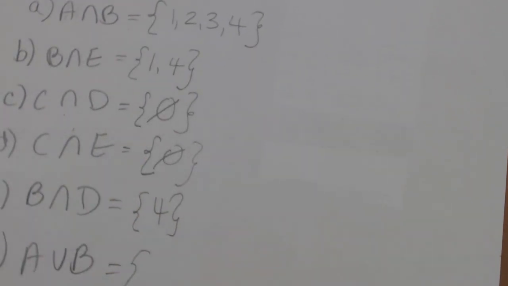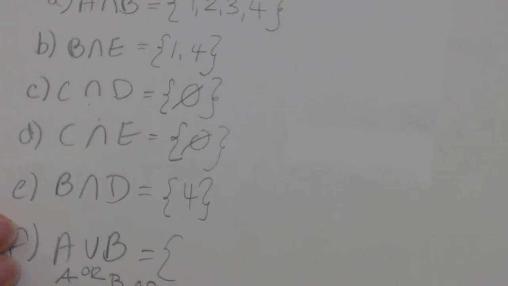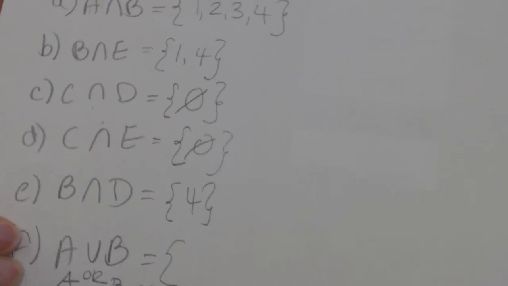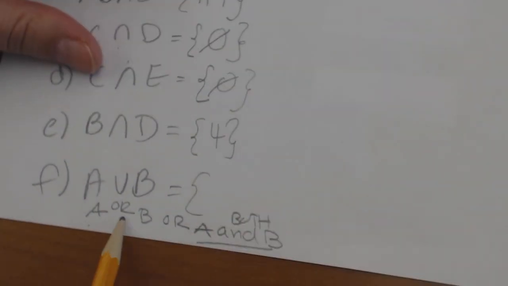And the last one is A or B or A and B. So this is "or," because remember, it's "or both." So, sorry, I wrote that down. So it's A or B or A and B because that means both. So let's look. So we got a lot of numbers probably, hopefully, to write down.